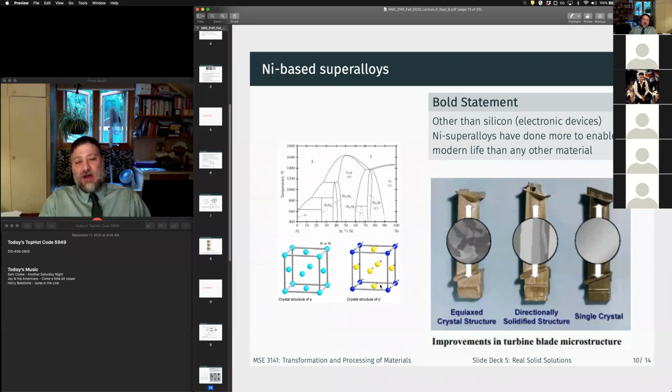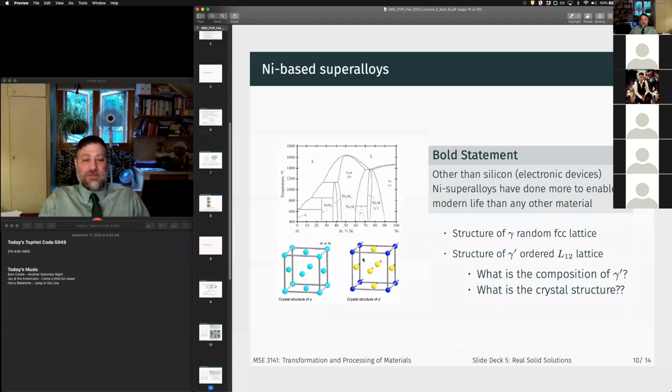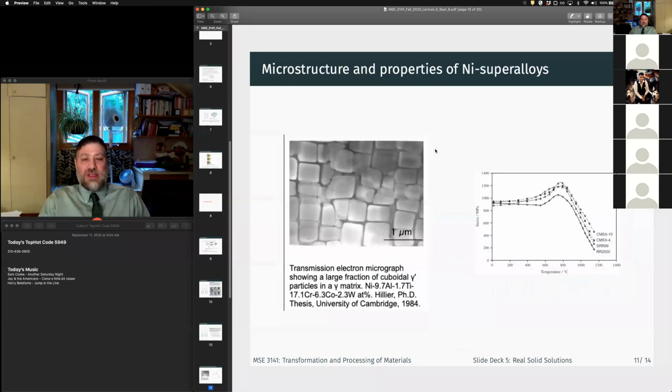And we can now translate, do our endless repetition of stacking up these cubes. Okay, so this is what the microstructure looks like for these high density gamma prime structures.